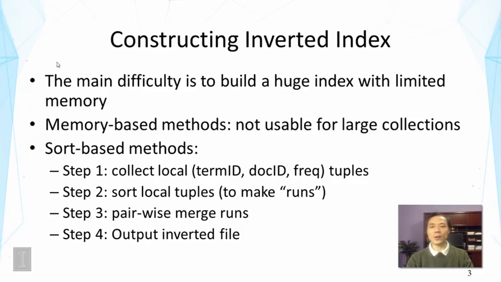These are called rounds, and then you write them into a temporary file on the disk. And then in step 3, you would do pairwise merging of these rounds until you eventually merge all the rounds to generate a single inverted index.